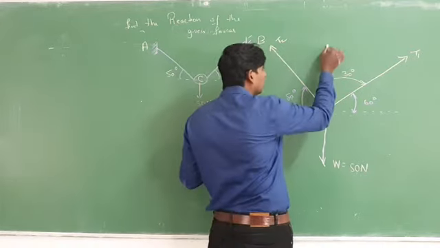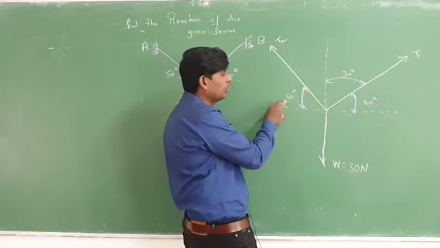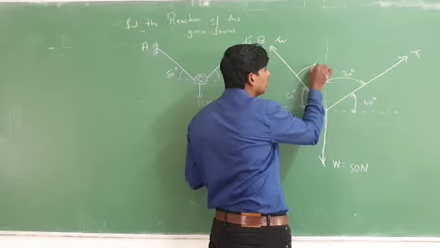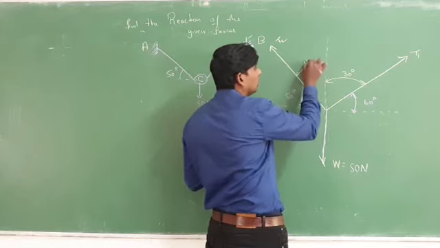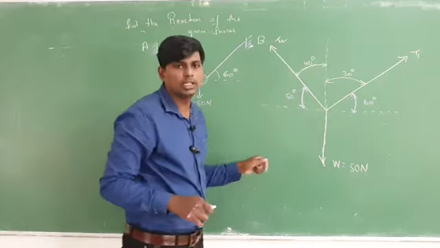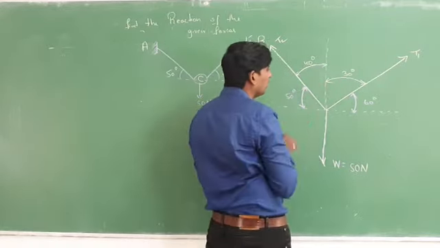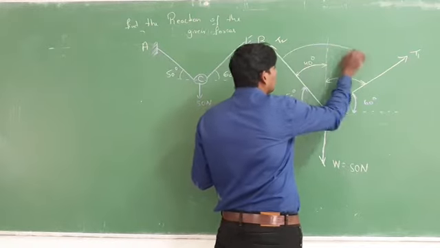As you can see here, from here to here, 50 degree is given. So this one should be 40 degree, because the sum of these two should be 90 degree. So here 40 is there and here 30 is there. 40 plus 30 is 70.